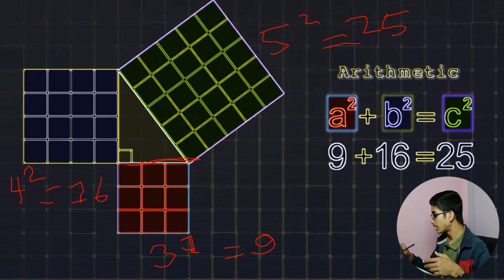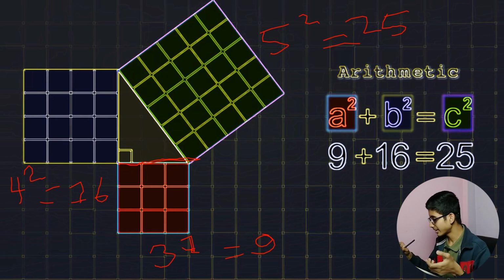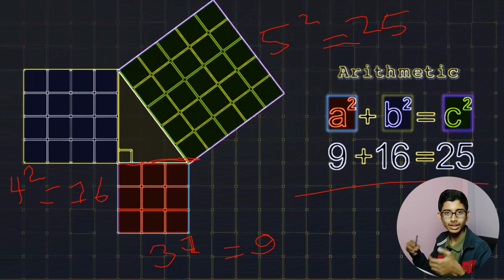So, here the value we get is that 9 plus 16 is equal to 25. You can see that according to the Pythagorean theorem, a squared plus b squared is equal to c squared, and we can see exactly that. That means the Pythagorean theorem has been proved.